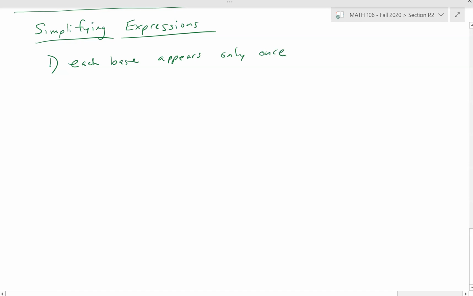And this includes integers. If you have 2 variables in your expression, let's say x and y, at the end I only want to see x and y one time. And if there's a number involved, there's only one number, unless it's a fraction that can't be simplified, then that's completely fine.